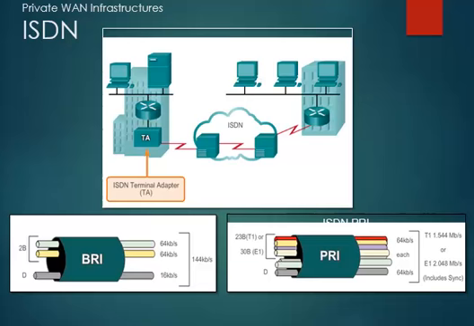This change enables the local loop to carry digital signals that result in higher capacity switched connections. The connection uses 64 kilobits per second bearer channels for carrying voice or data and a signaling delta channel for call setup and other purposes. There are two types of ISDN, the basic rate interface and the primary rate interface.